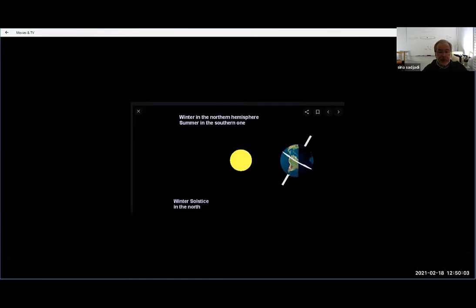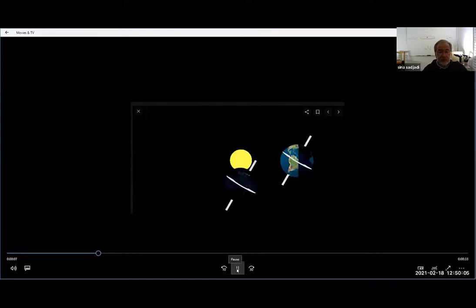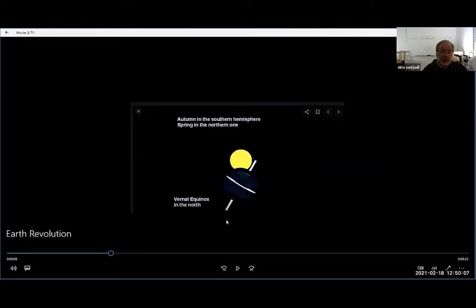Now, as time goes on and we go around the sun, here, the tilt of the Earth makes no difference whatsoever, because the axis is not pointed away or towards the sun. So therefore, on this day, which is March 20th or 21st, depending on the year, the sun appears to be on the celestial equator that day. And so when the sun is on the celestial equator, we call it an equinox.